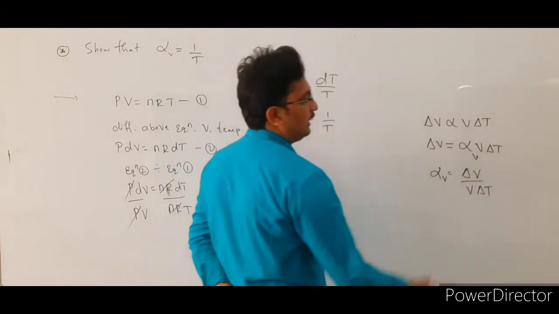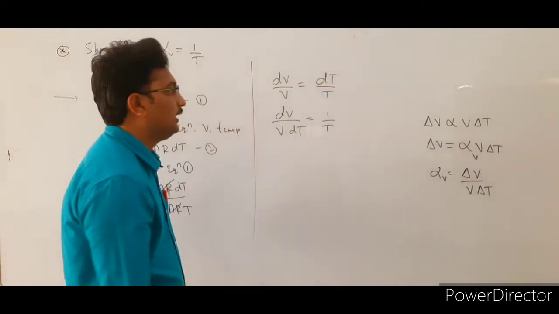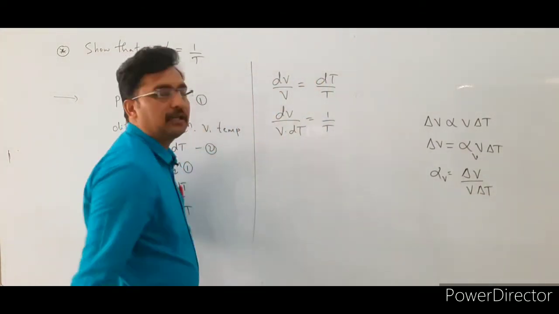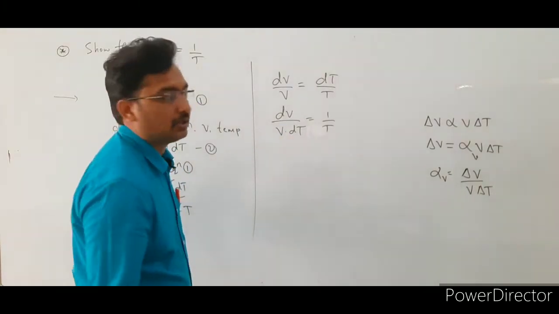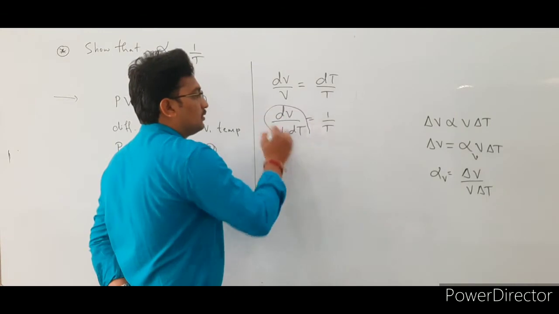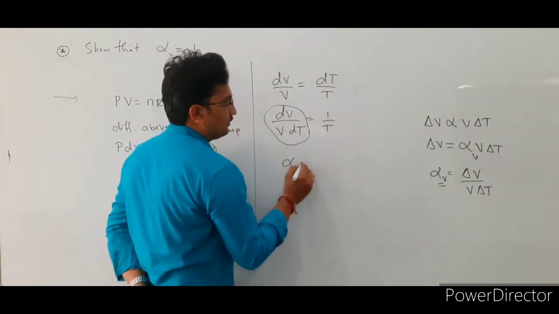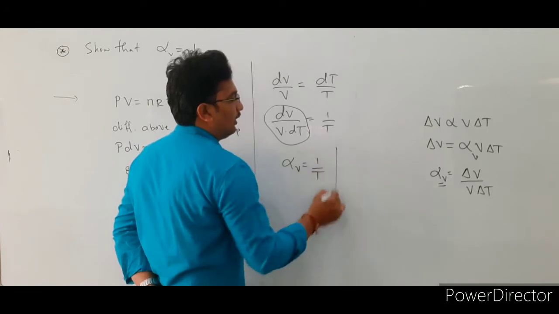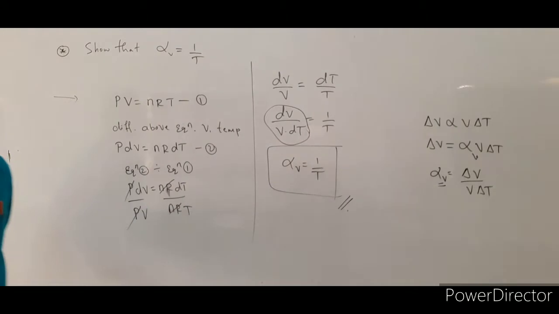Here del V indicates change in volume, del T indicates change in temperature. Here also dV indicates change in volume, dT indicates change in temperature. So we replace this whole term by this term. That is alpha suffix V is equal to 1 by T.